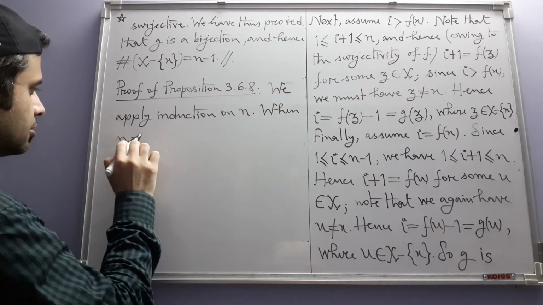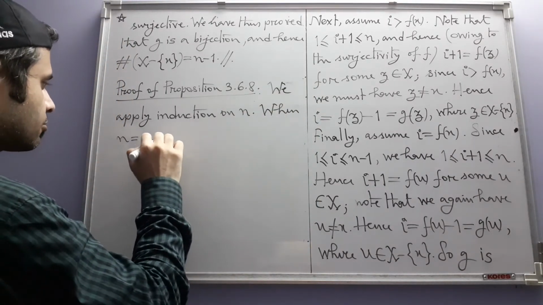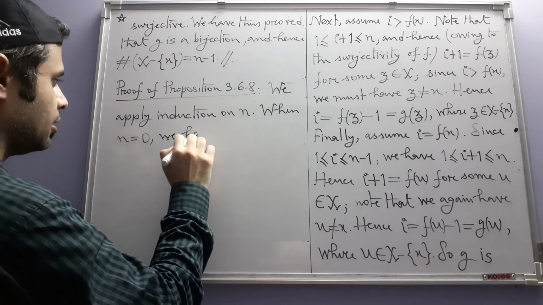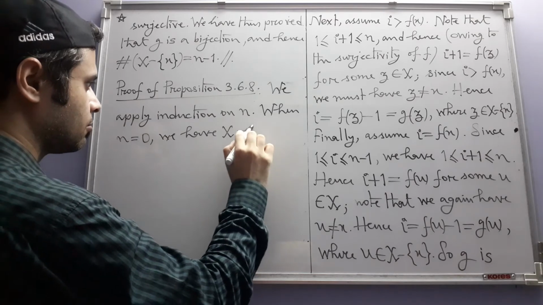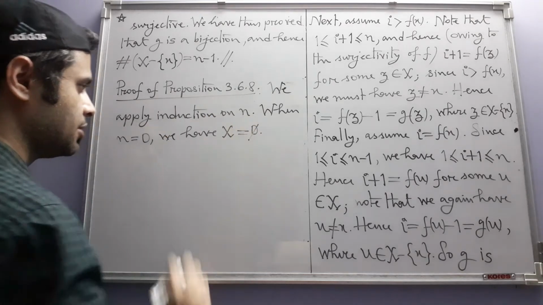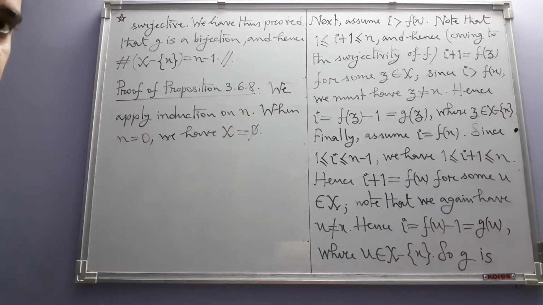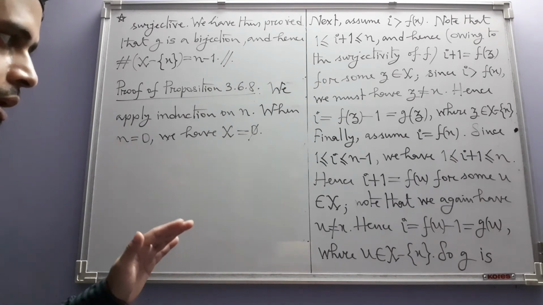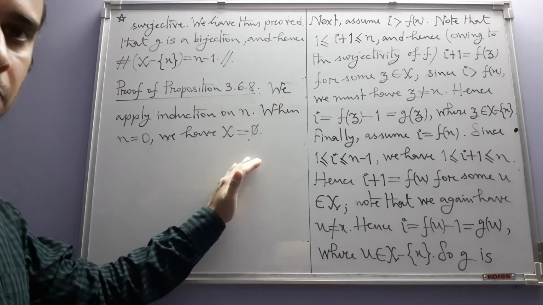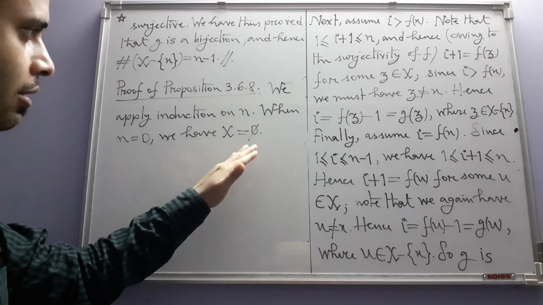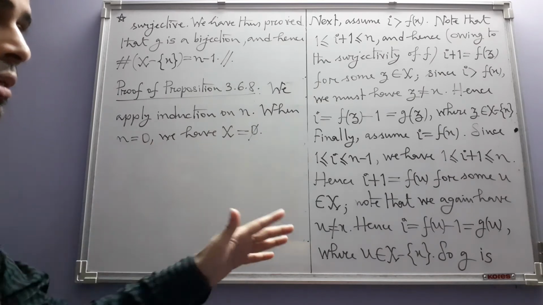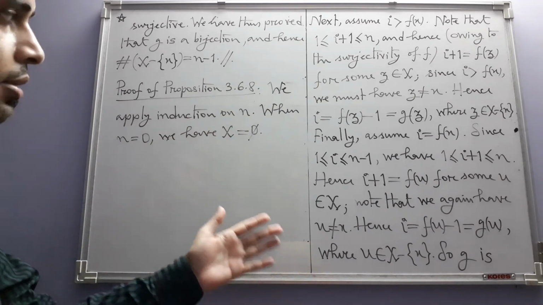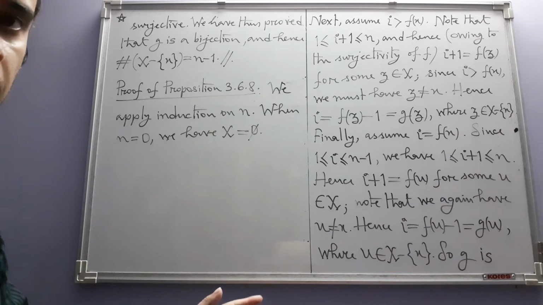When n is 0, we have x to be the empty set, x cannot be anything else. Now what is it that we have to prove in this case? We already know that the empty set has cardinality 0, but does it have some other cardinality? And the answer is no.